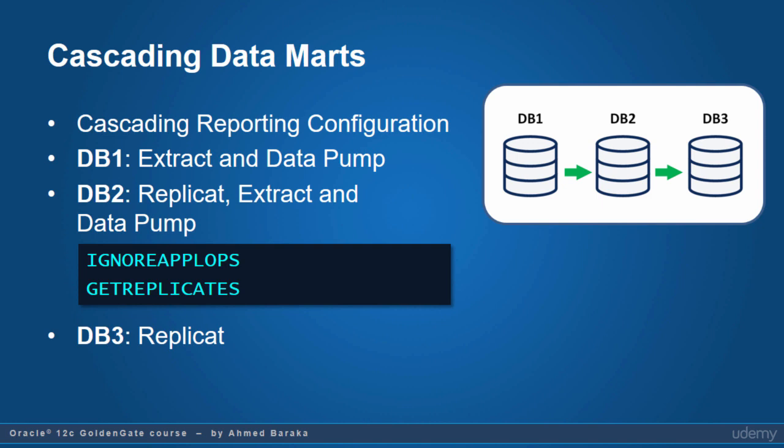Those parameters make the extract group capture the replicate activity and ignore local business application activity. This is because the purpose of this database is only to send the data to that third database. In the third database, you configure the replicate to apply the data received from the second database.